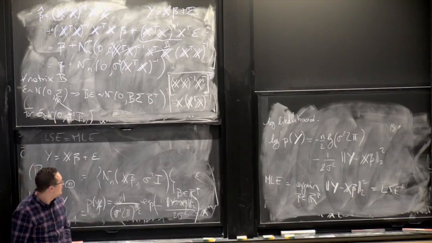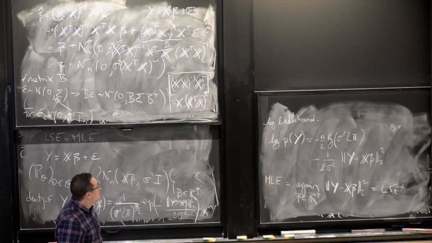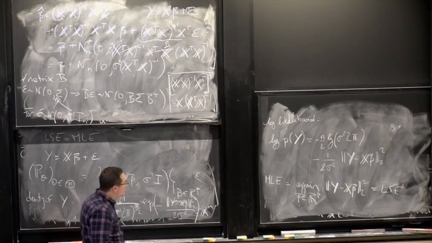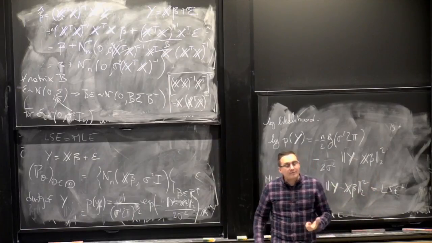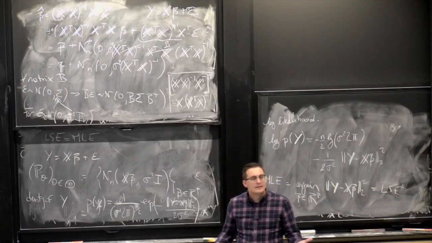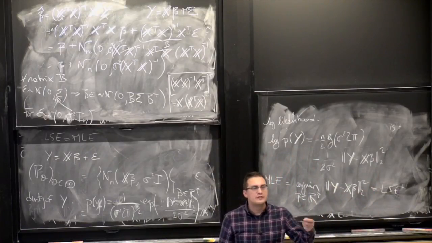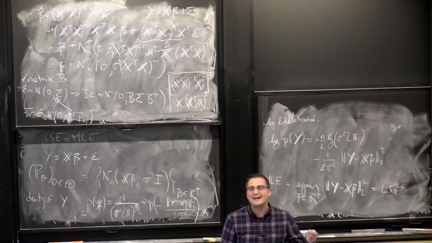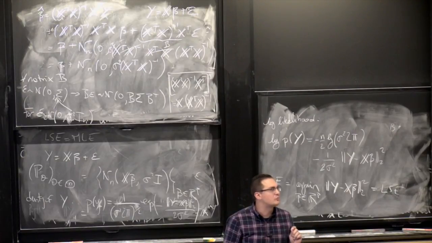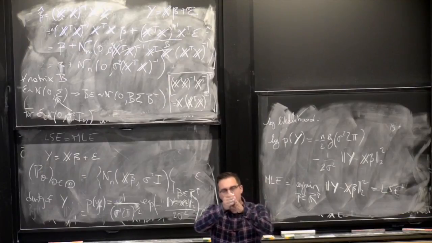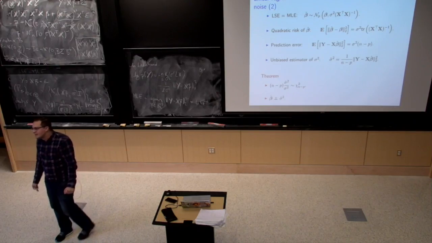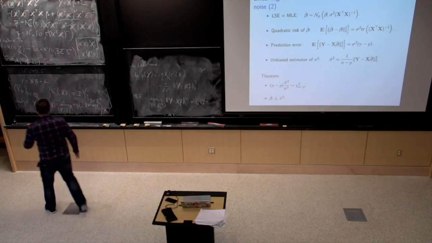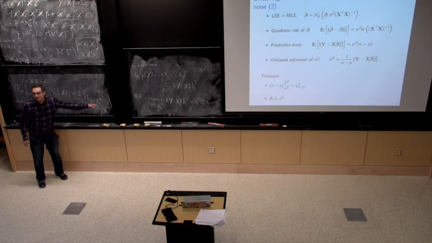And that when I took the log of this thing, I had exactly the square norm that showed up. If I had a different density, if, for example, I assume that my coordinates of epsilons were, say, IID double exponential random variables, right? So it's just half of an exponential on the pluses, half of an exponential on the negatives. So if I said that, then this would not have the square norm that shows up.